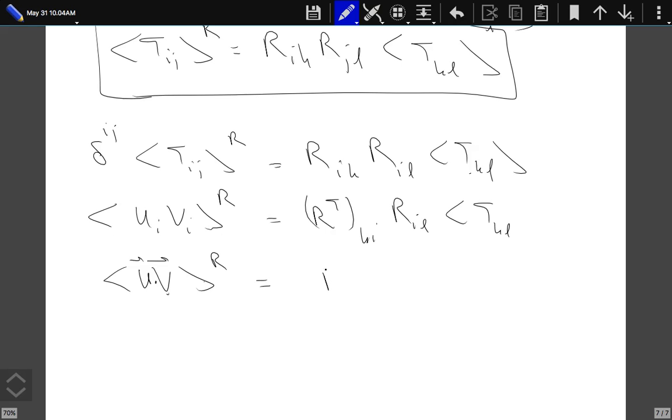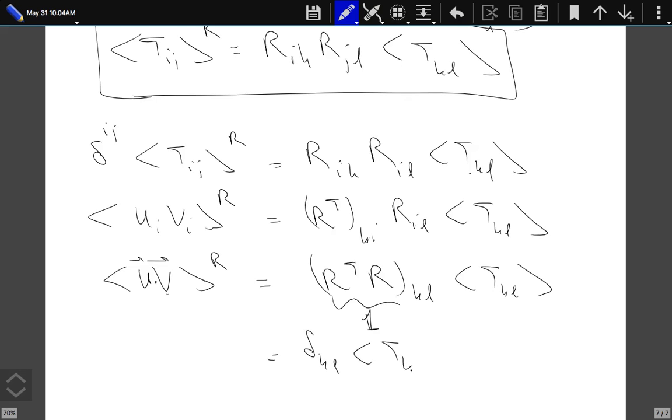The right-hand side becomes R transpose R, k and l. But these rotation matrices in 3 dimensions are just orthogonal matrices. Their product, if you take the transpose of one and multiply with itself, is just 1. So this is Kronecker delta kl, Tkl.